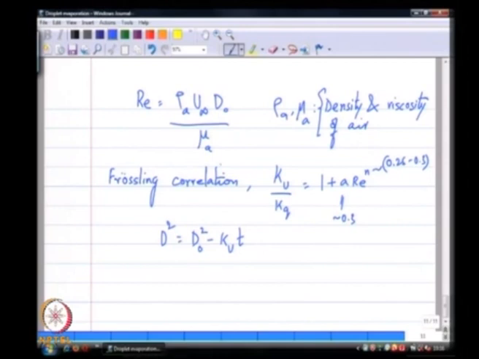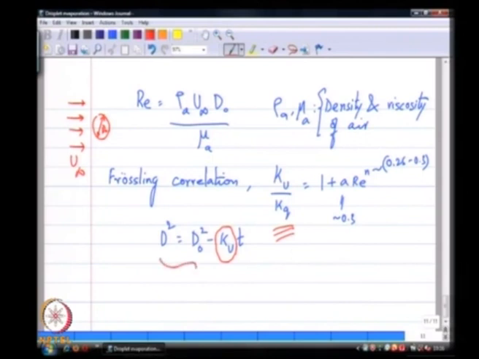So, if I take a drop and flow past the drop at u infinity, the drop itself is some diameter d0, I can define a Reynolds number given by that quantity, and the rate of evaporation of this drop in this co-flowing air stream is also expected to follow a d squared law with a modified rate constant Ku, and Ku is given by this relationship.